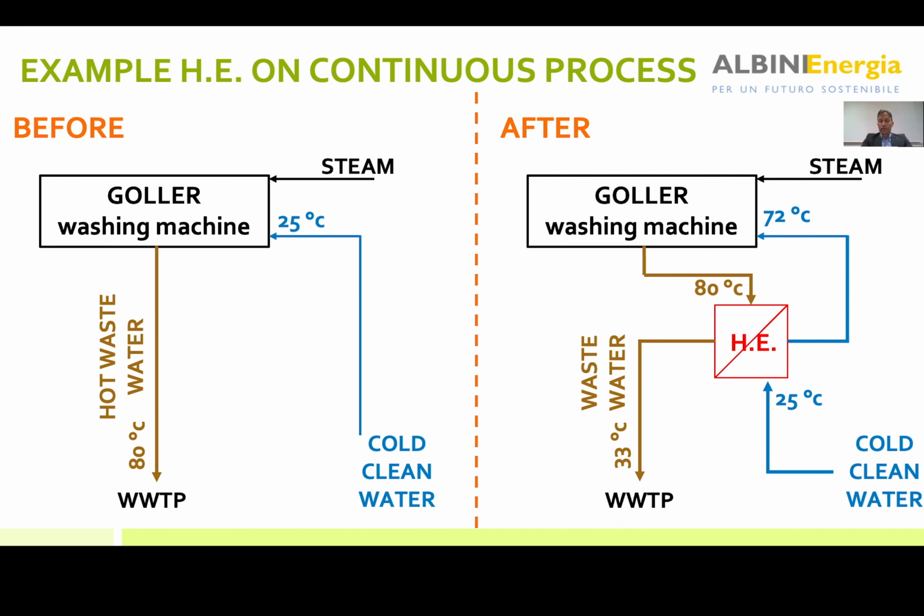After the heat exchanger installation, the washing machine discharge was still 80 degrees, but using the heat exchanger, this temperature dropped to 33 degrees before going to the wastewater treatment. On the other hand, the fresh water was raised from 25 degrees to 72 degrees. Of course, with such hot fresh water, the consumption of steam was significantly reduced, with big savings in terms of money.